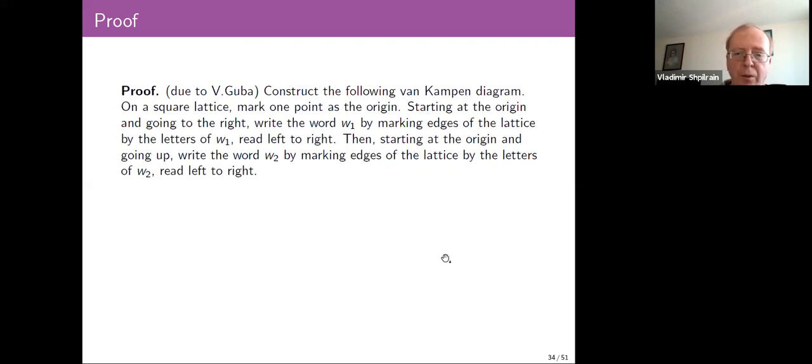We're going to mark the word W1, one of those two words, horizontally on this square lattice, and the other word W2 vertically by letters. With W1, the letters go as usual, left to right. With W2, the letters go bottom to top.